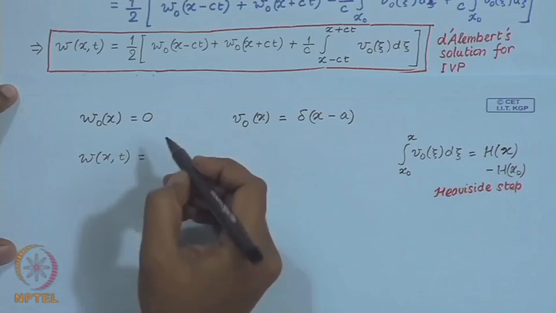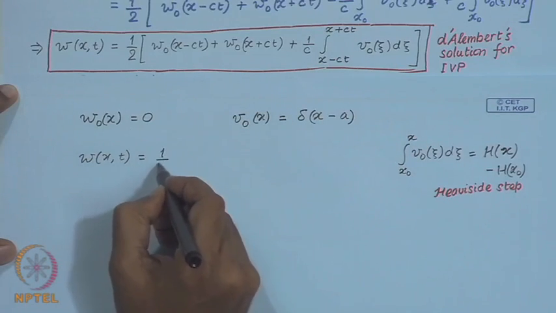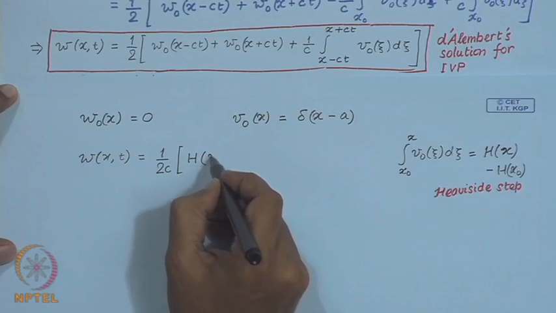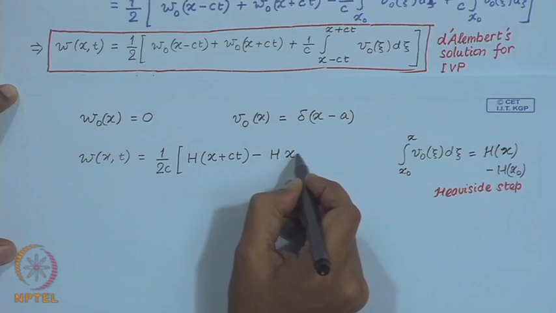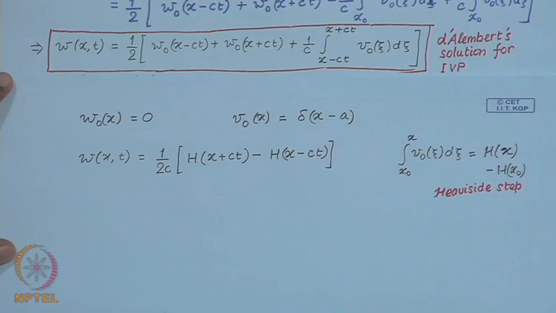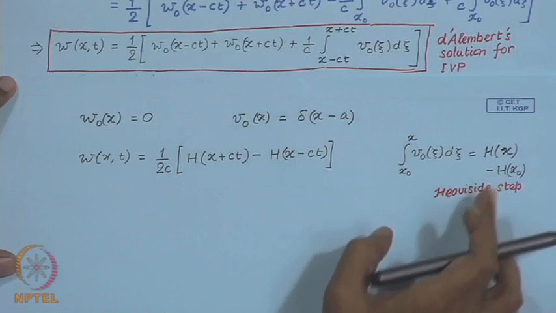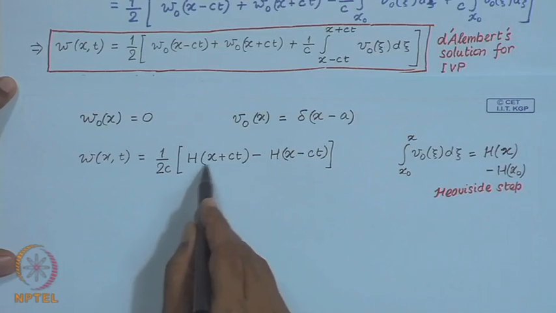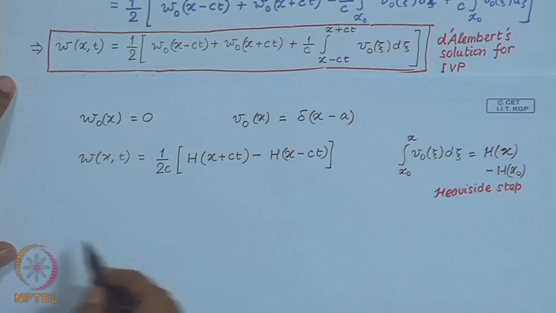So, using this Heaviside step and substituting it here, you will find that the solution reduces to, so if you substitute this in here, this h of x 0 cancels off, what remains is h of x plus c t minus h of x minus c t, divided by 2 c.